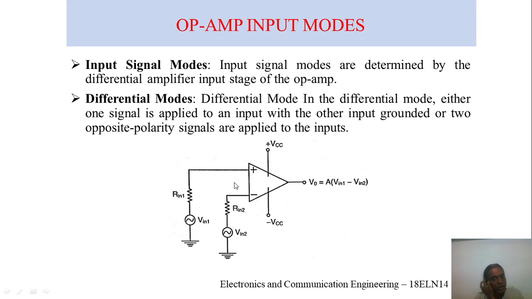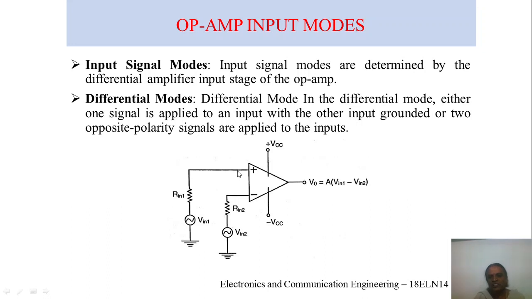We saw this last class: it is just a symbol with the non-inverting input and inverting input, pin number 3 and pin number 2 respectively, pin number 7 the positive supply voltage, pin number 4 the negative supply voltage, and pin number 6 the output voltage. How did I get all these pins? Referring to your last session, we have seen the pin diagram of an op-amp.